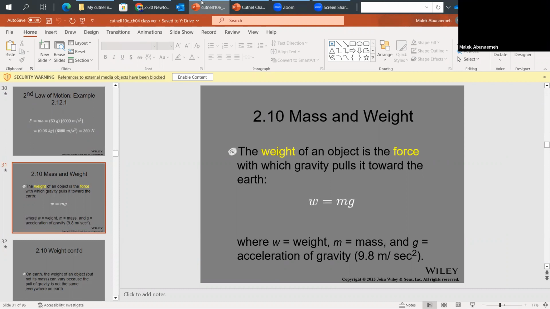When you stand on your scale, the reading that you get is your mass times the gravity pulling you downwards, which means the reading on the scale should be in newtons. It's already divided by 9.8. That's why it's showing in kilograms, but the weight is actually measured in newtons, not in kilograms.